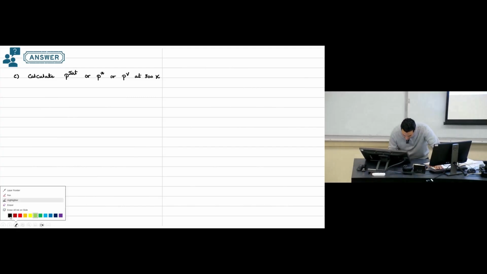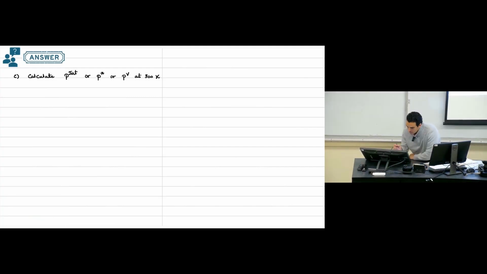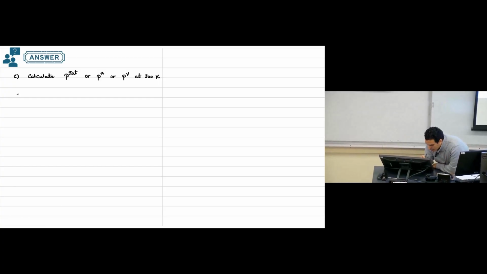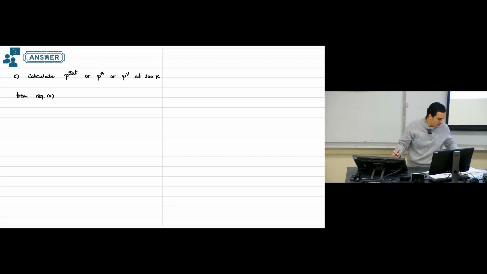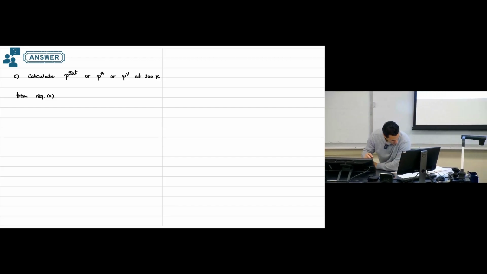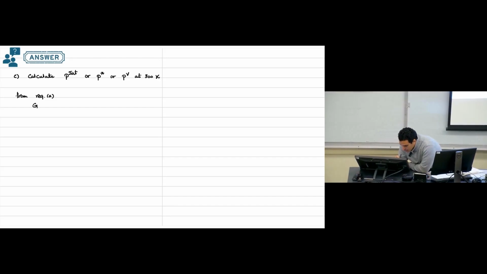So now these are the two equations I will use. From requirement A in this problem, I have this equation. Let's put it: G2 of liquid minus the molar Gibbs free energy of liquid at condition number 1 equals the molar volume of liquid times P2 minus P1.